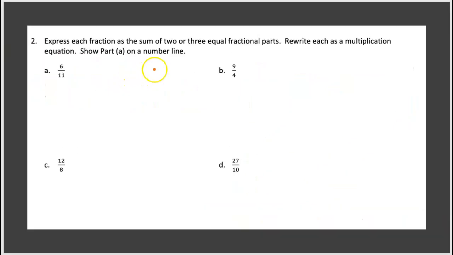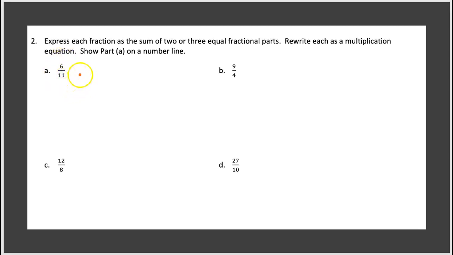It says express each fraction as the sum of 2 or 3 equal fractional parts, and then it says rewrite the problem as a multiplication equation. You can show on a number line for part A. So what it wants you to do is look at the fraction that's given. So we've got 6/11.